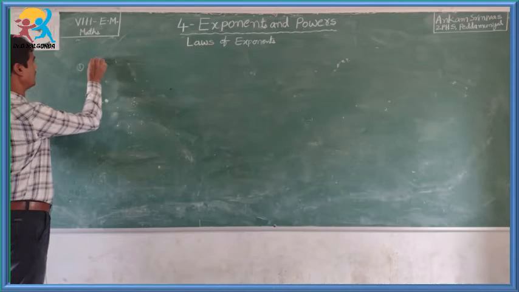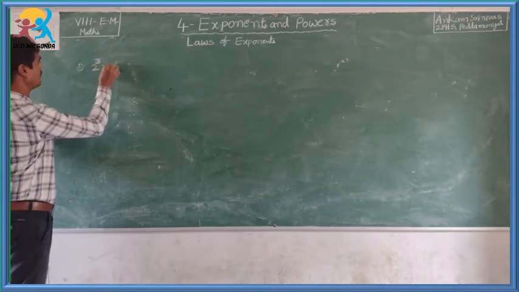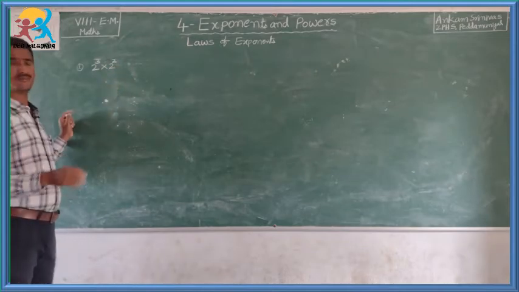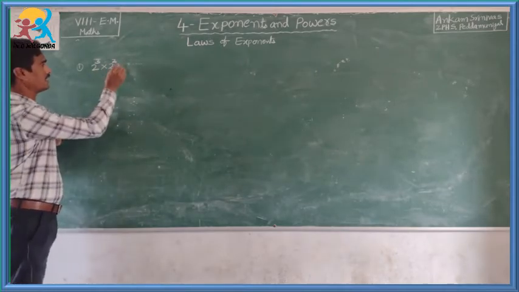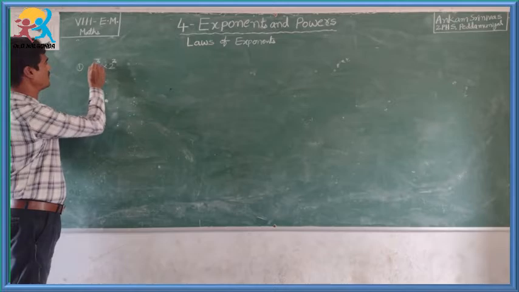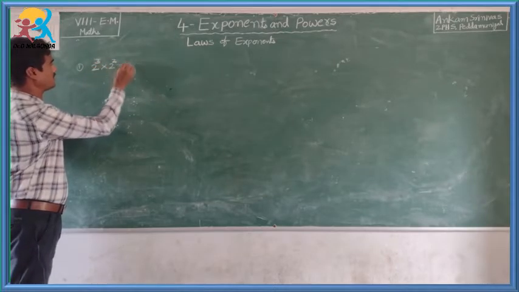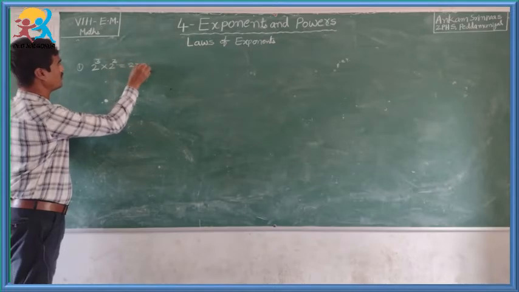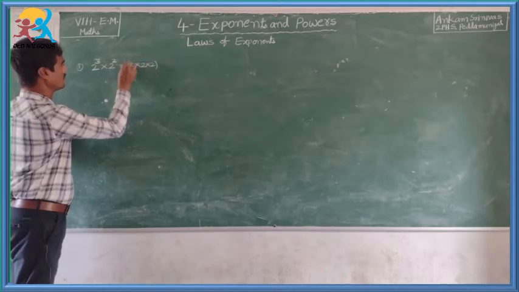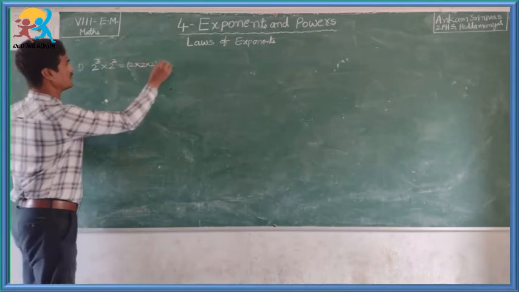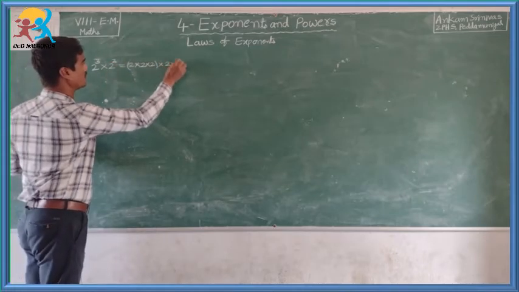2 power 3 into 2 power 2. I am writing the expanded form of 2 power 3 into 2 power 2. Then 2 power 3 can be written as 2 into 2 into 2, and 2 power 2 means 2 into 2.